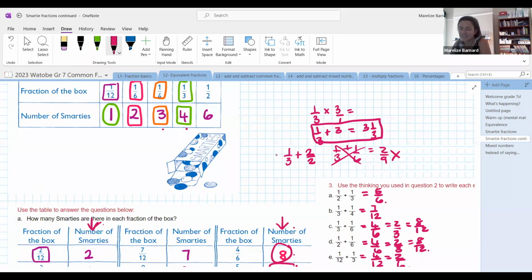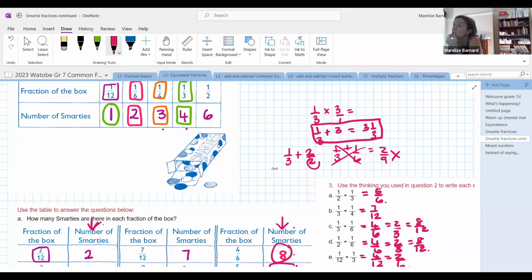But how do you make them the same? Let's say 3 times 2 and then 2 times 3. How do you know what to multiply by? I said 3 times 2, the 2 that's there.